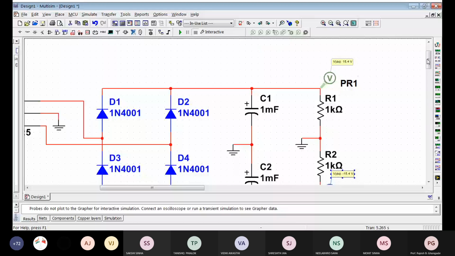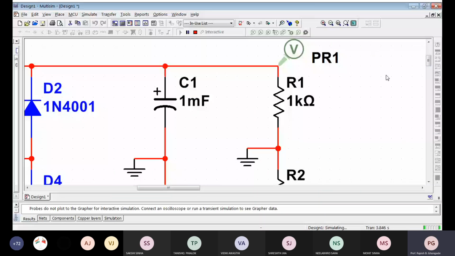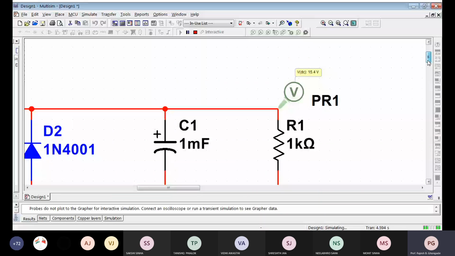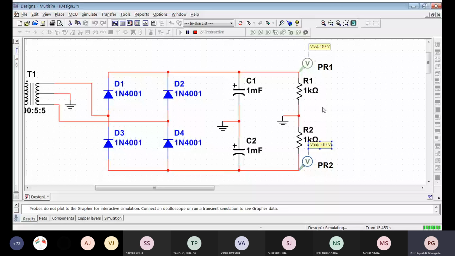Okay, so what do you see here, guys? I'm getting 15 volt DC, 15.4, and negative 15.4. So this is the way in which you have to design or build a dual polarity power supply.